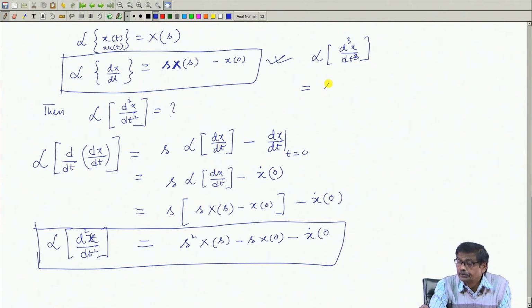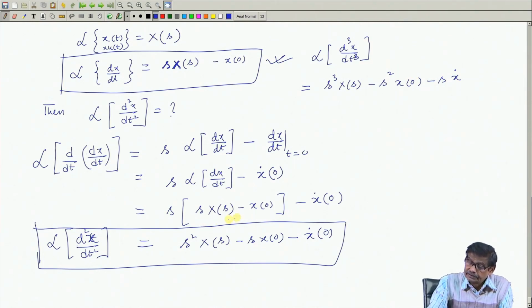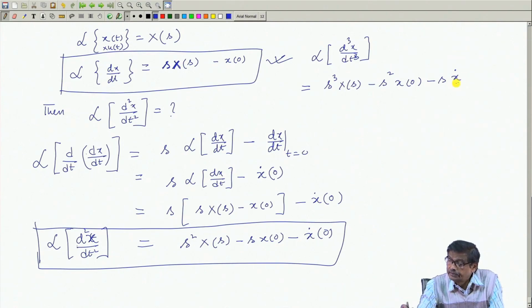It will be s cubed X(s) minus s squared x(0) minus s x dot(0) minus x double dot(0).